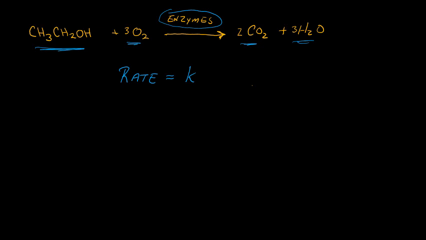The rate is just a constant value, k, regardless of what the concentrations of ethanol and oxygen are. We do get rate laws that look like this sometimes, particularly when you have something that is controlled by enzymes, biological reactions, and some other catalytic reactions.